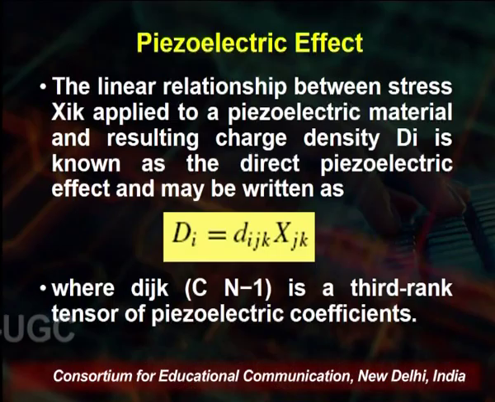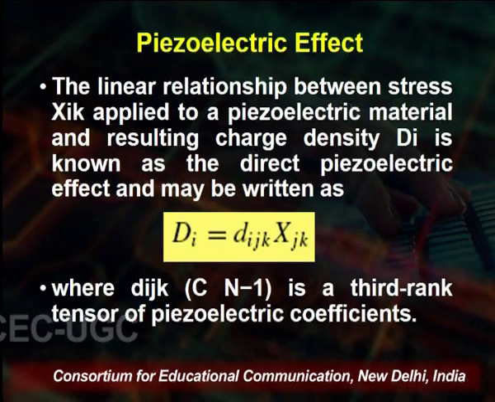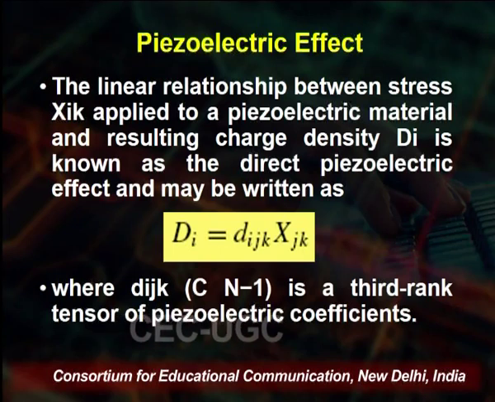So, the linear relationship between the stress, Xjk, applied to the piezoelectric material and the resulting change in charge density, Di, is known as the direct piezoelectric effect and is written as Di directly proportional to Xjk.